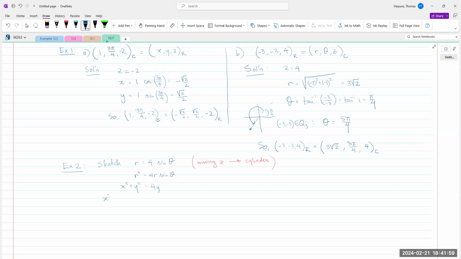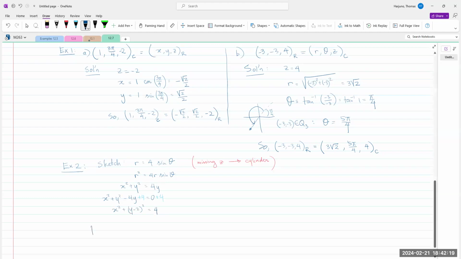So x squared plus y squared minus 4y equals 0. And then I complete the square. I add 4 to both sides. I end up with x squared plus (y minus 2) squared equals 4.